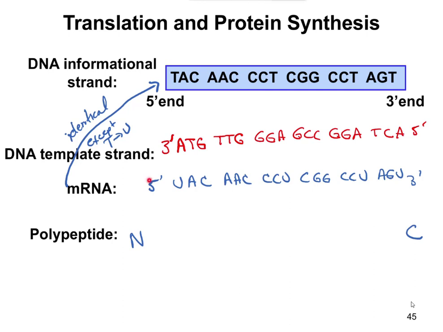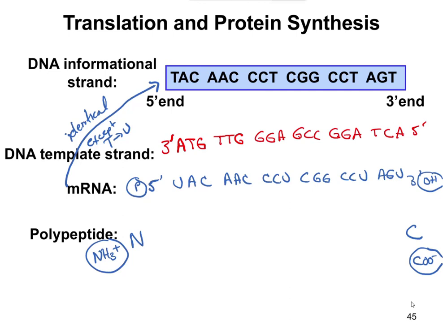Remember the 5' here means you have a 5' phosphate on your messenger RNA or on your DNA, and on the 3' end you have a hydroxyl group. For your polypeptide, the N terminus means you have a free NH3+, and on the C terminus you have a COO-. All right, so again, remember those key features of these various molecules.